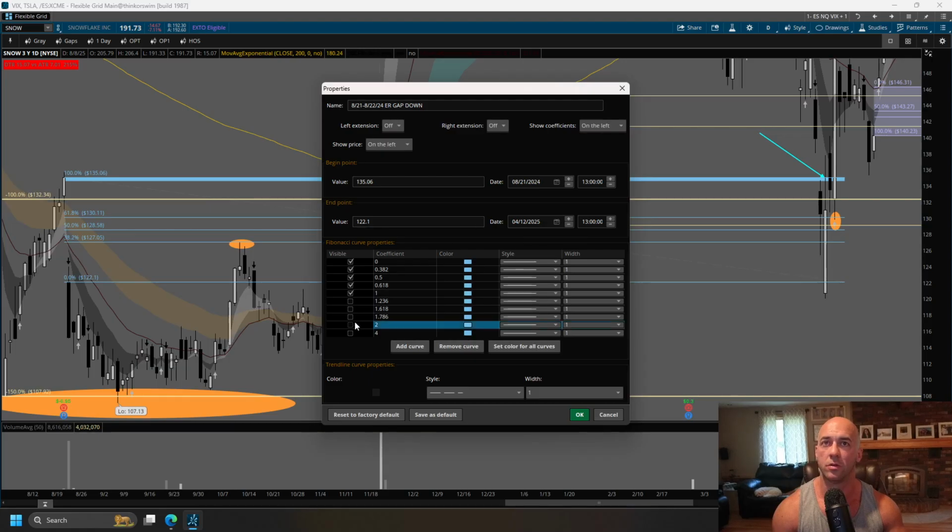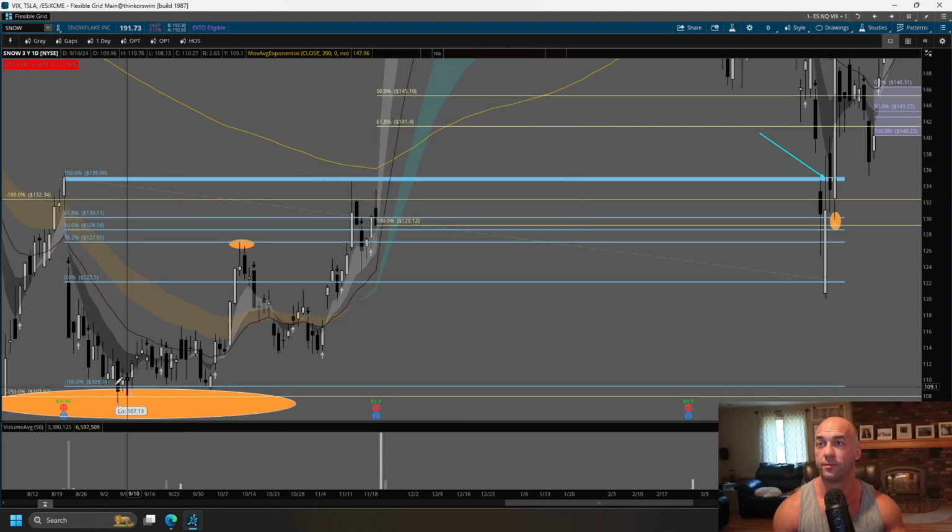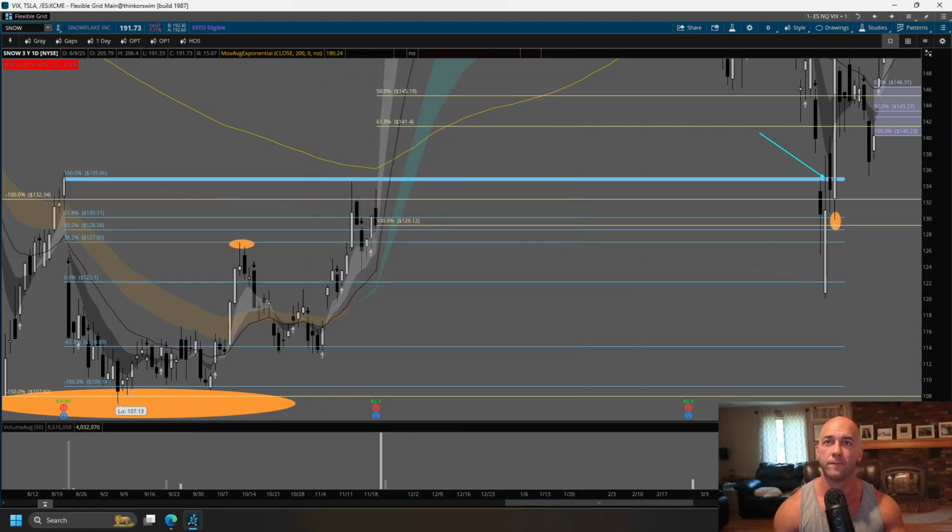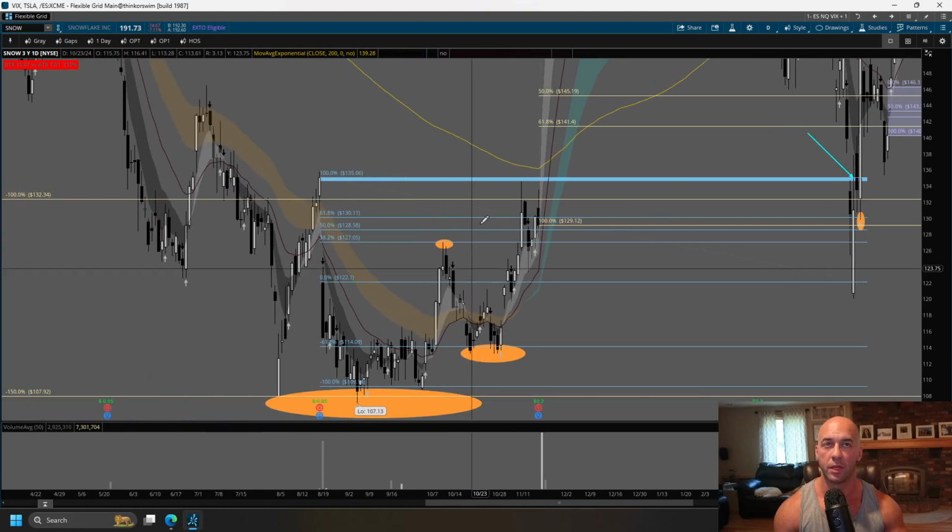And let's do the -1 as well. -1. Oh, right there, right at the lows. Same thing here, pushes back up, comes back. This is probably like -0.618. Yep. So a lot of these levels just continue to happen again and again and again.